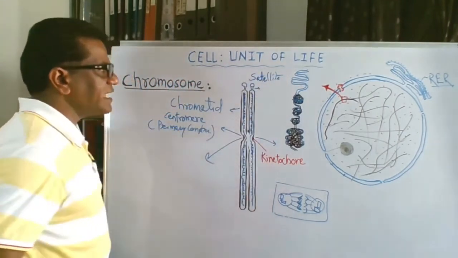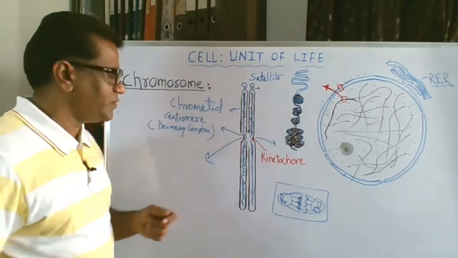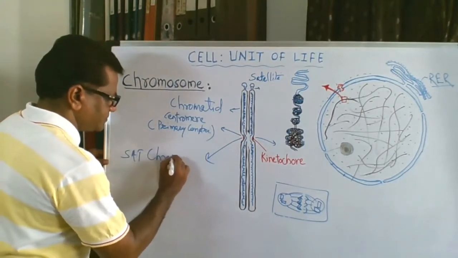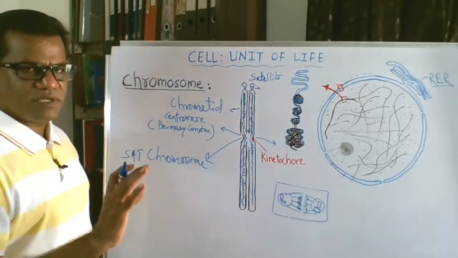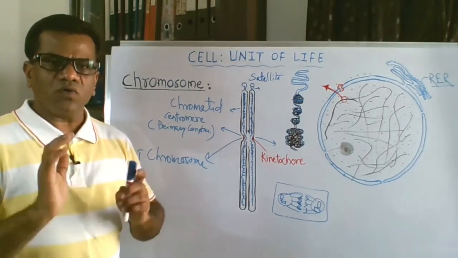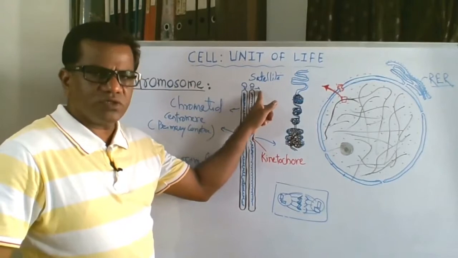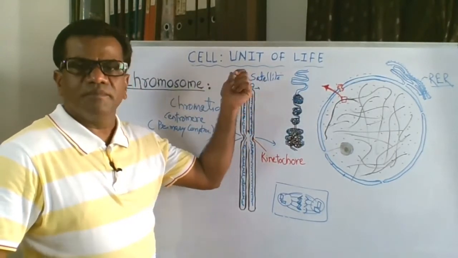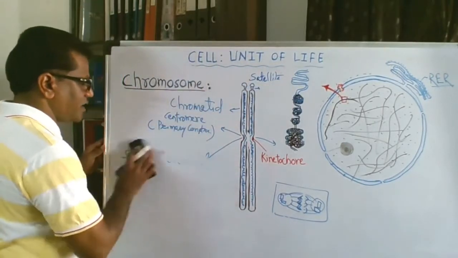So if a satellite is present in a chromosome, it is called a SAT chromosome. In each organism, different types of chromosomes are present, and out of these, a few chromosomes have this secondary constriction and these satellites. Such chromosomes are called SAT chromosomes.